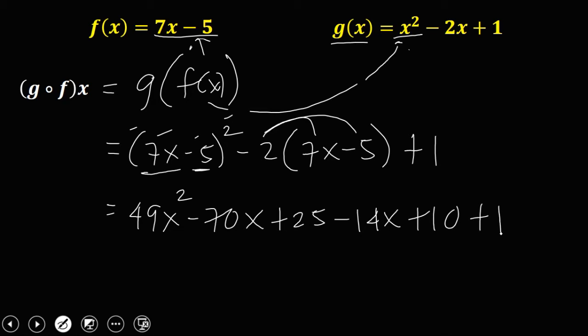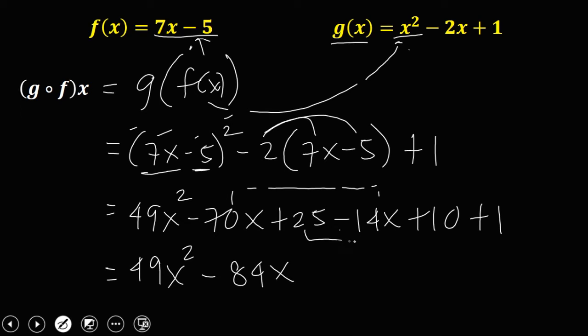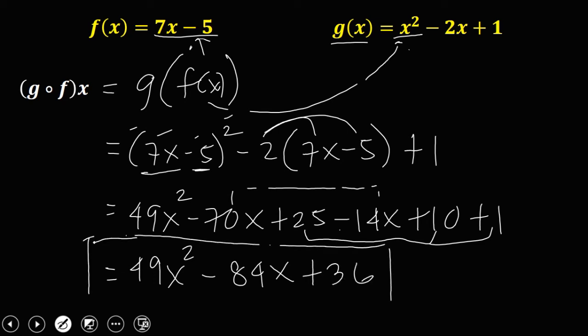Then you combine like terms, so we have 49x squared, then this 70 and 14, both negative, same sign, so you just add, so that's negative 84x. Then we have 25 plus 10 is 35, then plus 1, that's positive 36. So this is the answer.